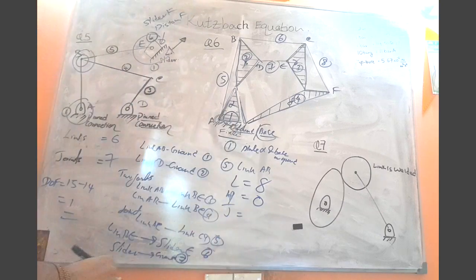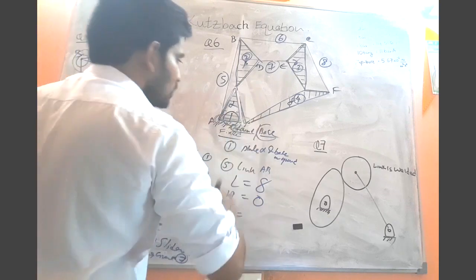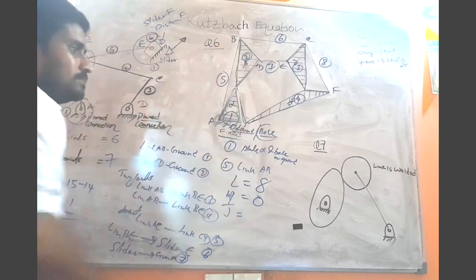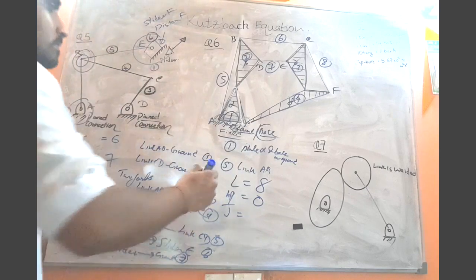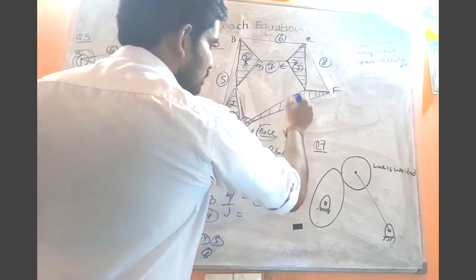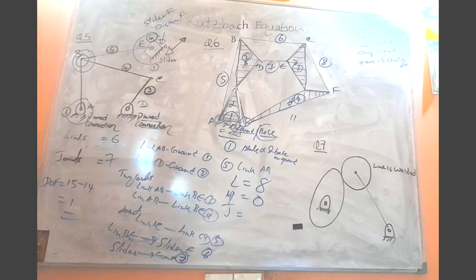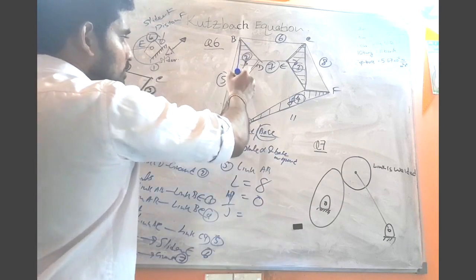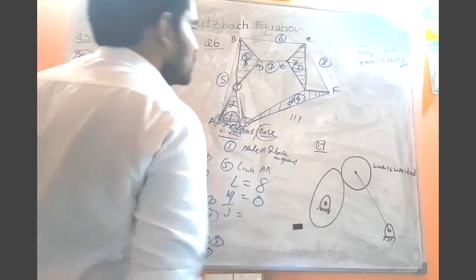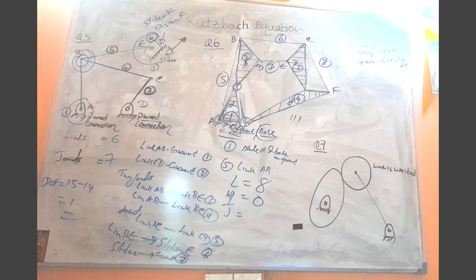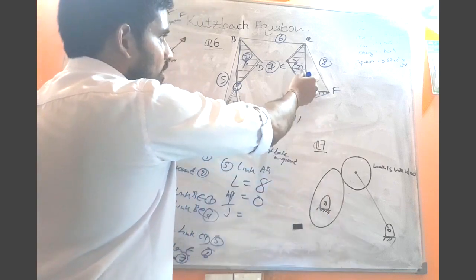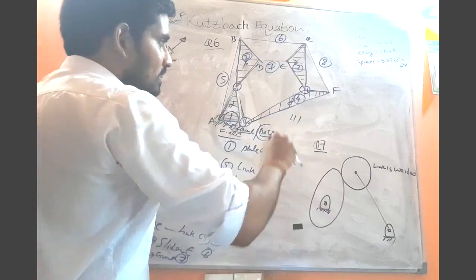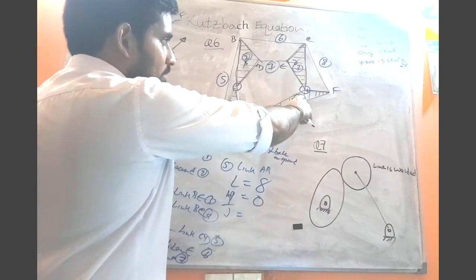And joint number 2 is the joint that connects the plate alpha with the plate delta. So far we have analyzed 2 joints. Then joint number 3 is the joint that connects the plate alpha to plate beta. Then joint number 4 is the joint that connects plate delta to plate gamma.